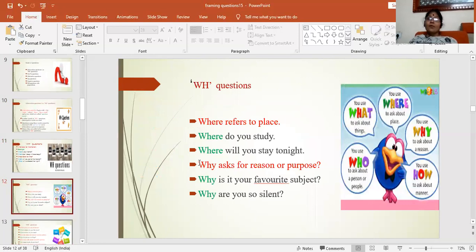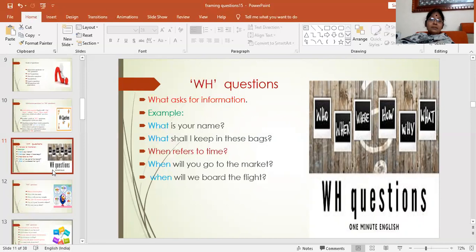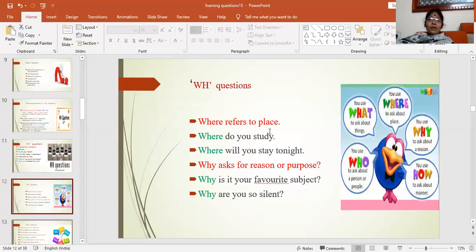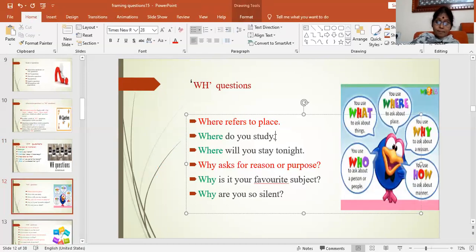Then where? Where refers to place. When I want to ask a question regarding the place, then I will use the word where. I will ask, where do you study?